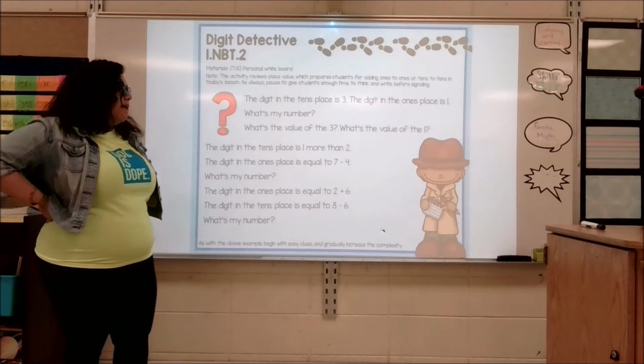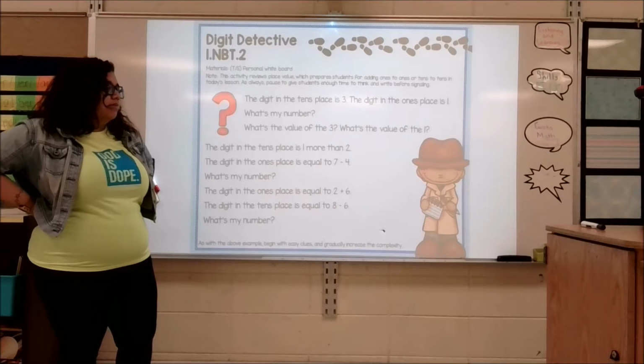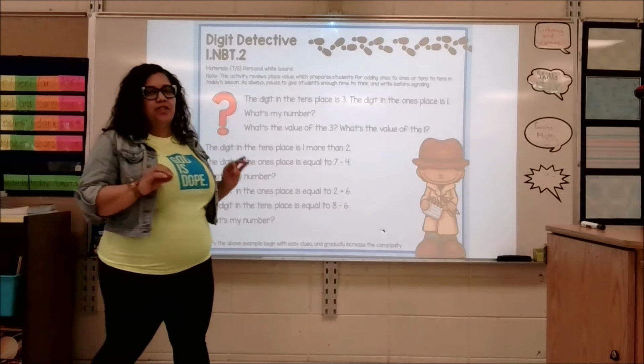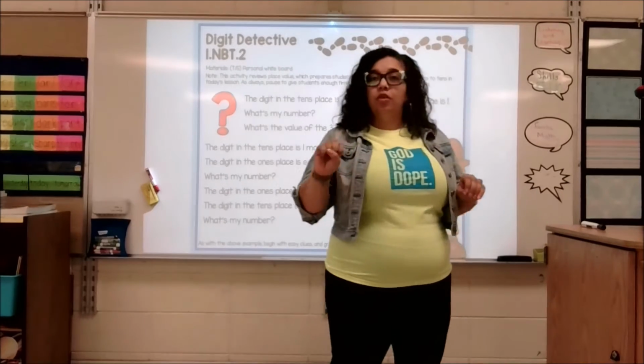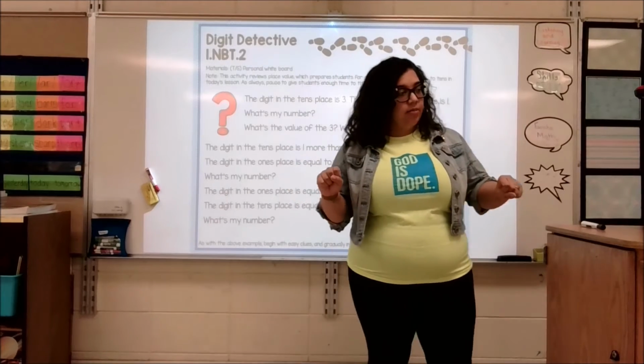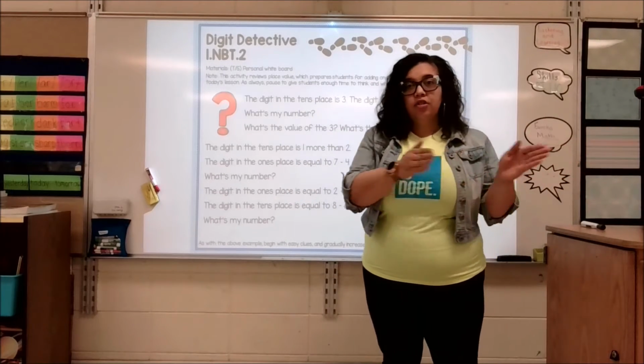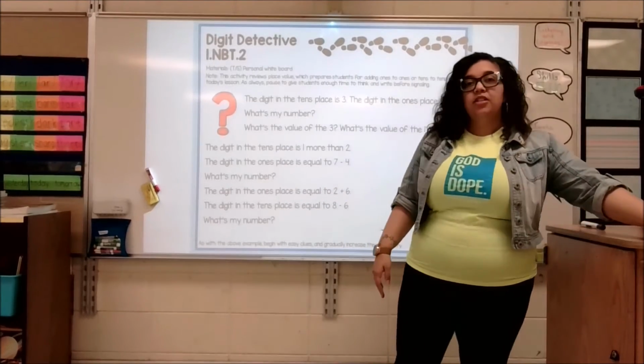Yes, good job. The number is 28. Notice I told you about the ones place first and then the tens place, but when we read it, reading left to right, we're going to read the tens place first.